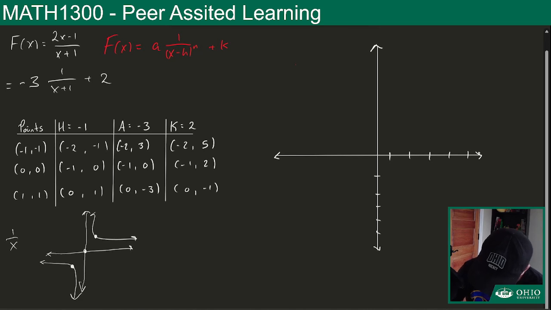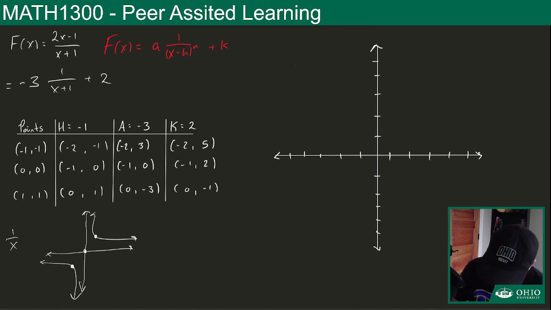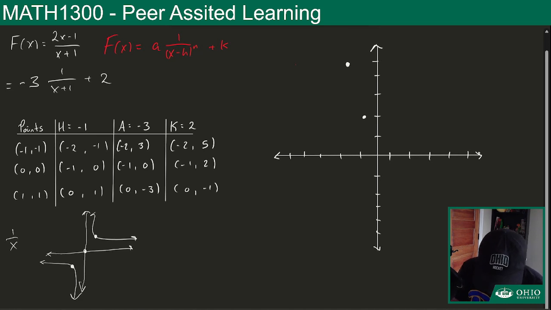I guess I'll put 5 on each axis. Okay, now let's graph those points. So first, negative 2 up 5, and that's going to be up here. Then we get negative 1 up 2. That's going to be right here. And then we get 0, negative 1.